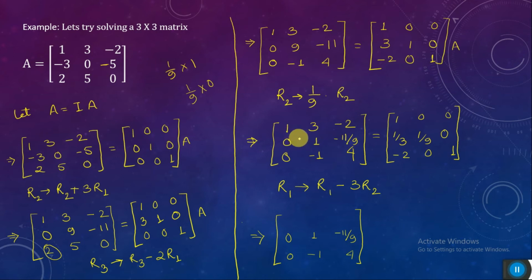And row 1 will be, I'll be applying operation in row 1. So row 1, see, what is your row 1? Row 1 is 1 minus 3 times row 2, right? So what is your row 2? 0.